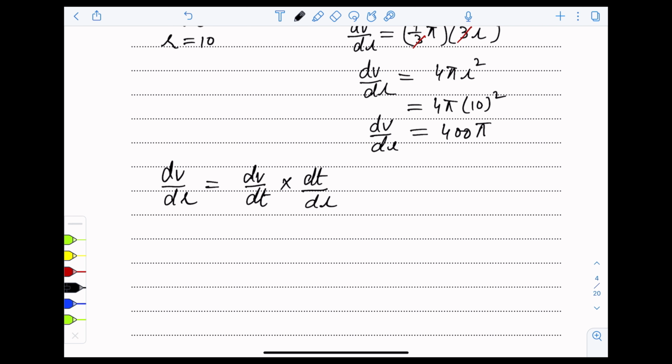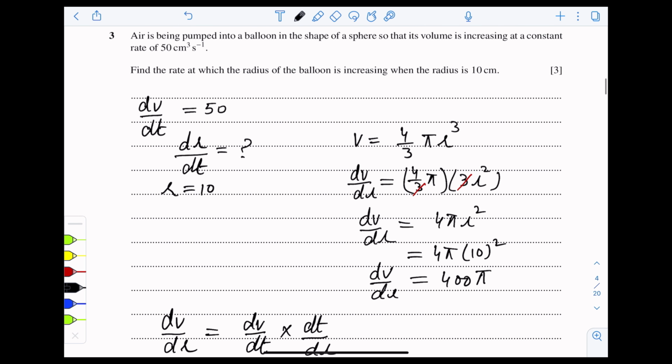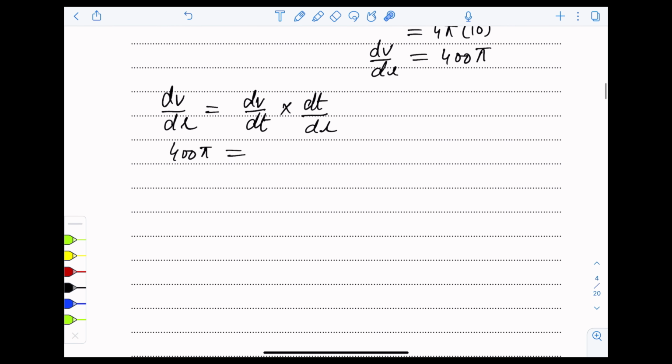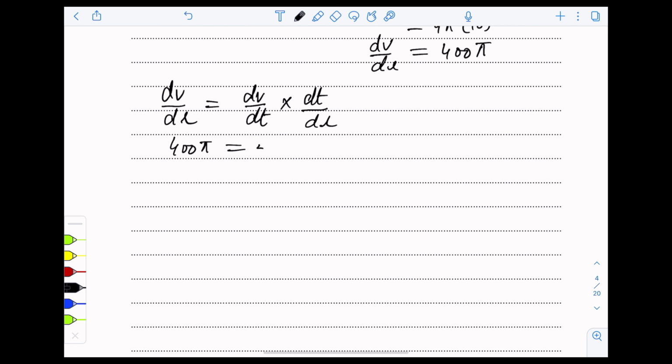Now dv over dr is given. This is dv over dr. Putting here 400 pi. dv over dt is also given. dv over dt is given, that is 50, into dt over dr, which we can find.